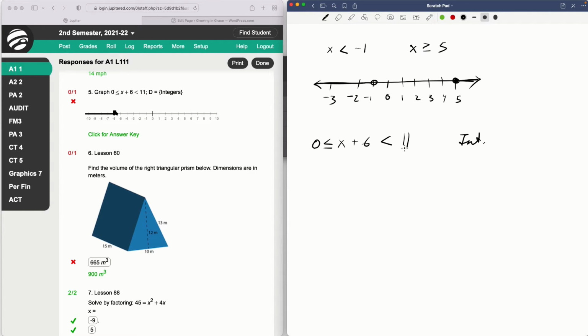It's just that we have 3 parts instead of 2. So we want to get x by itself. So we're going to subtract 6 from each section. So we have -6 is less than or equal to x, which is less than 5. And that's our conjunction here.